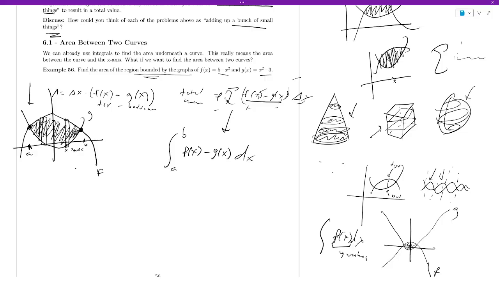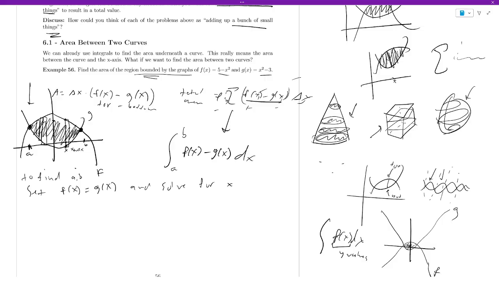So how do we do it? Well, remember, if I want to find where two functions intersect, in general, you can set the y values equal to each other, right? So I can set the left function, f of x, equal to the right function, g of x, and solve for x. This is just a general strategy for intersecting two curves, finding the x values where two curves intersect.